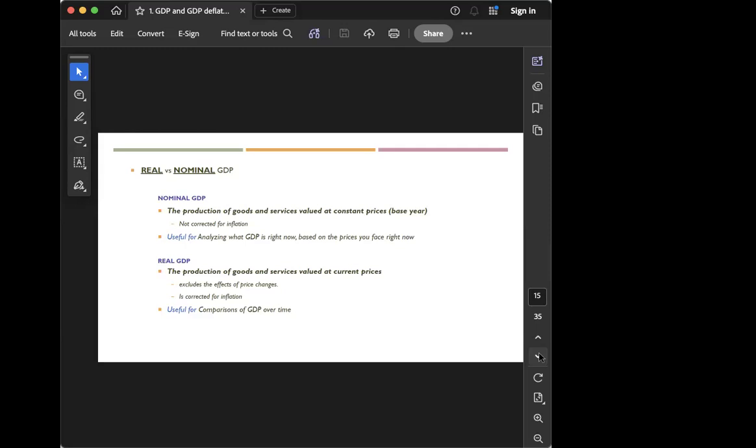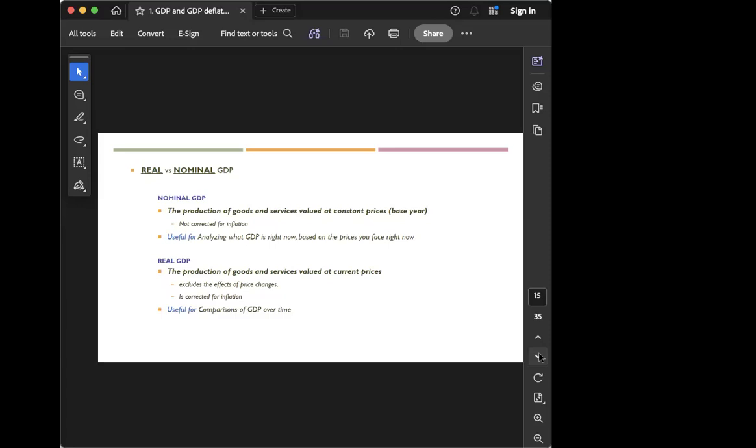Real GDP values production using constant prices from a base year. So real GDP removes the effect of price changes and focuses more on changes in actual production.